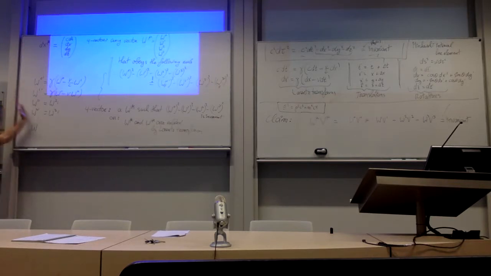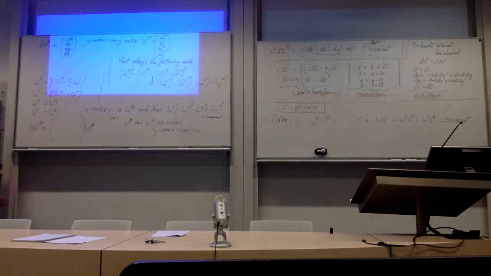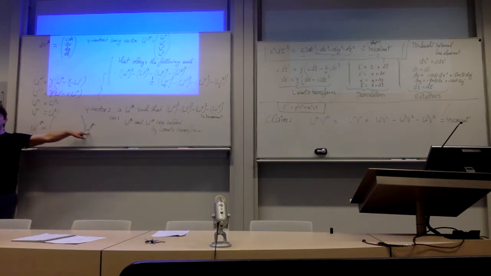Here are the Lorentz transforms for our big W's, yes? My claim is you can write these components, all 4 of them, as a matrix times your original components.